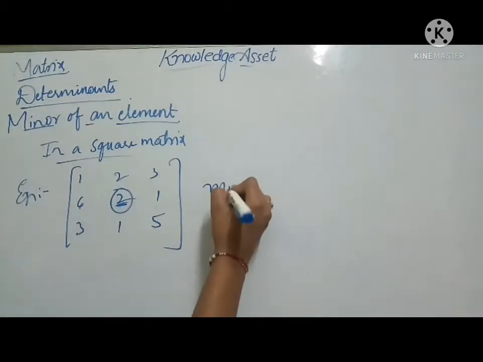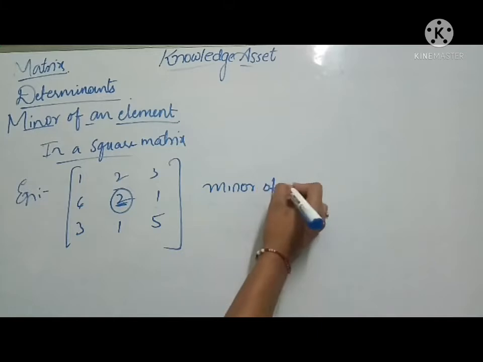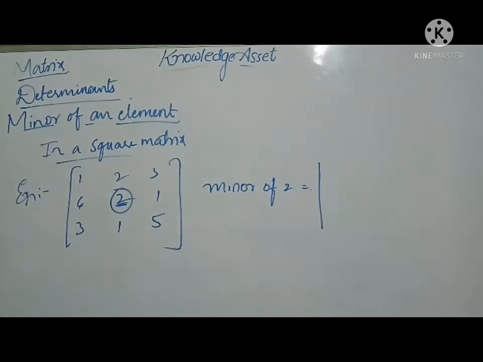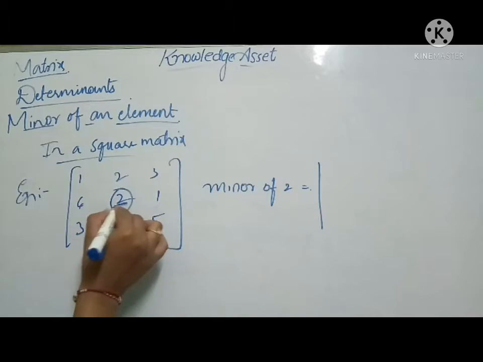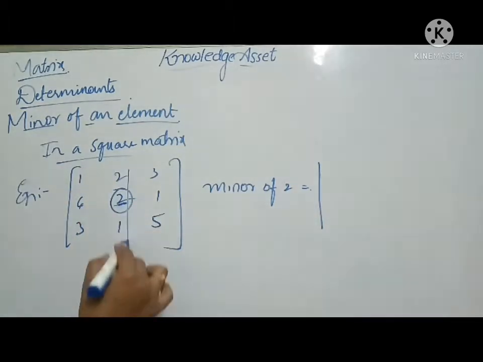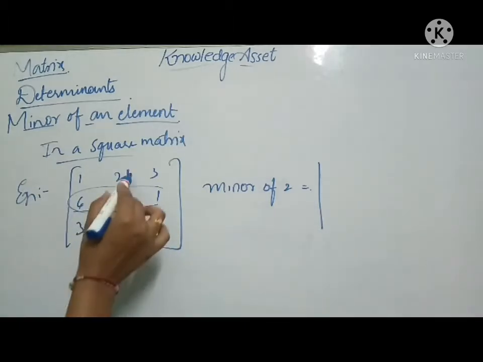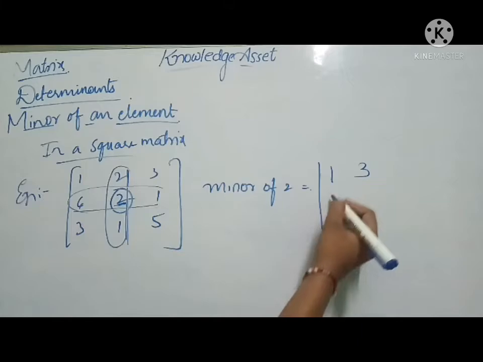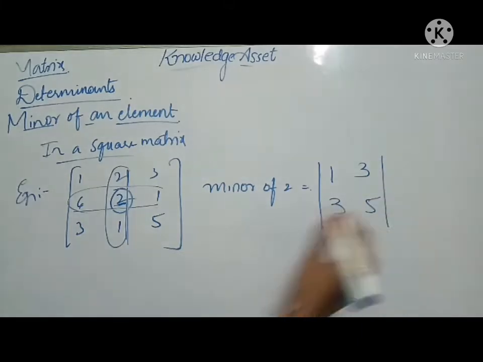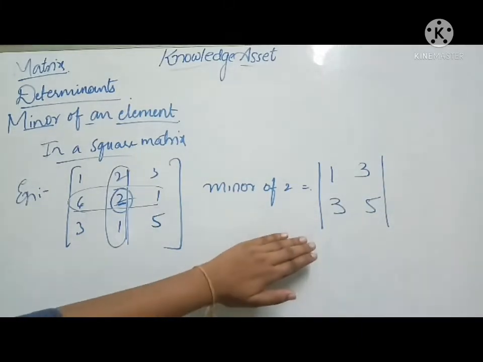For this, the minor of 2 is equal to the determinant after deleting the row and column of that particular existing element. So here 2 is in the second row and second column. Deleting this row and this column, write the remaining 1, 3, 3, 5. Now find the determinant for this.